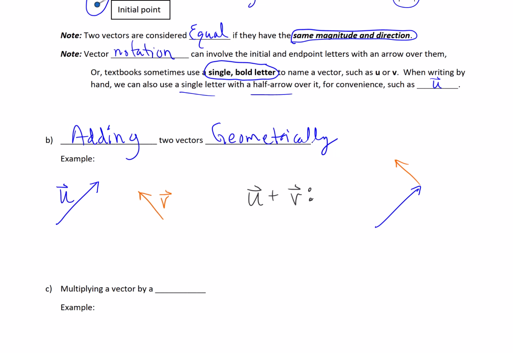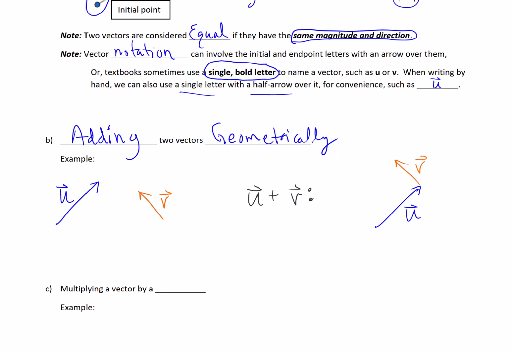So notice now, to do vector u plus vector v, we started by drawing vector u, which let me label here. We have vector u first, and then where vector u ended, we started vector v and then simply let that vector extend in the same direction and for the same length that it was originally given.